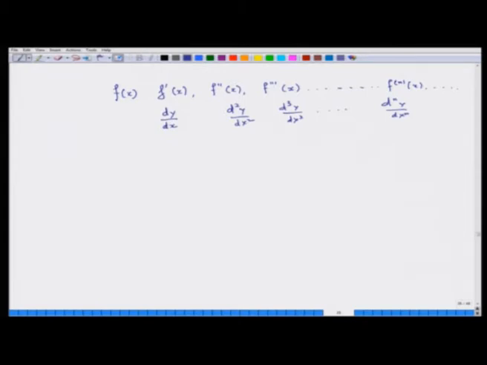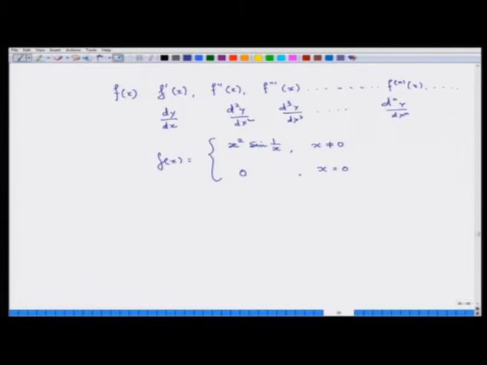It might be possible that there is a function which is differentiable the first time, but not differentiable for the second time. For example, if I write a function like this, which is x square sin 1 by x when x is not equal to 0 and is equal to 0 when x is equal to 0, then this I would like you to try out at home.